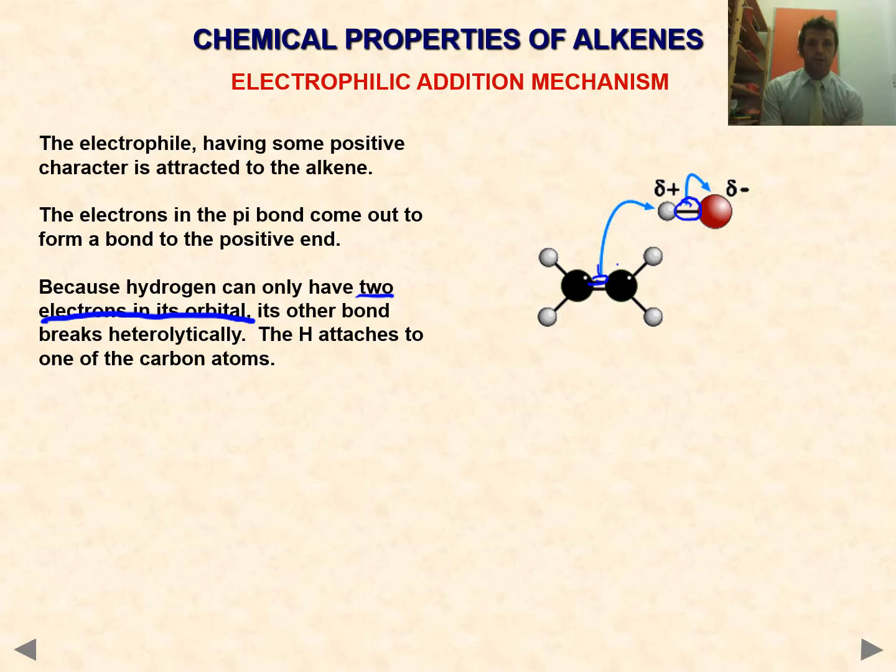Because hydrogen can only have 2 electrons in its orbital, the other bond breaks heterolytically, meaning it splits in half. The H attaches to one of the carbon atoms, and then we end up with 1 electron over here. So one of these electrons is going to jump onto the hydrogen, and the other one is going to just stay there as a carbocation.